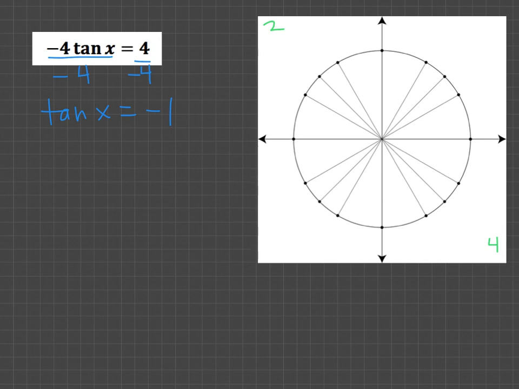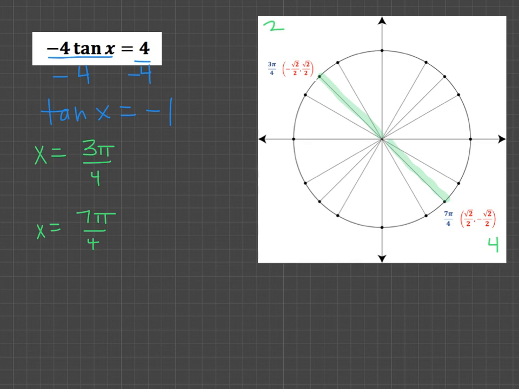And because tangent is y over x for the associated point of the angle on the unit circle, and we've got -1, we are looking for angles that have the same x and the same y coordinate, except for one being negative and one being positive. Those are the angles 3 pi over 4 and 7 pi over 4.